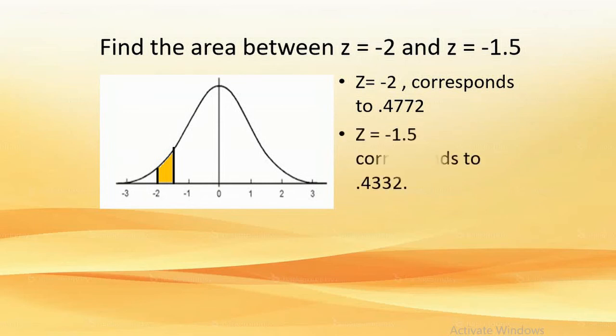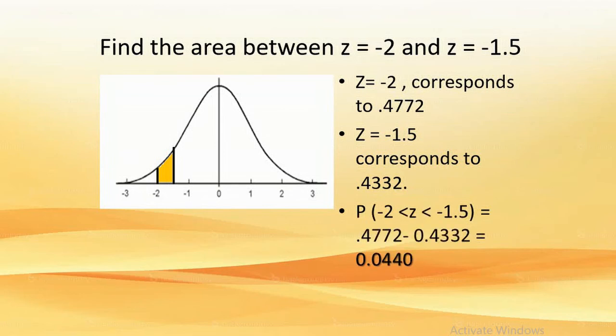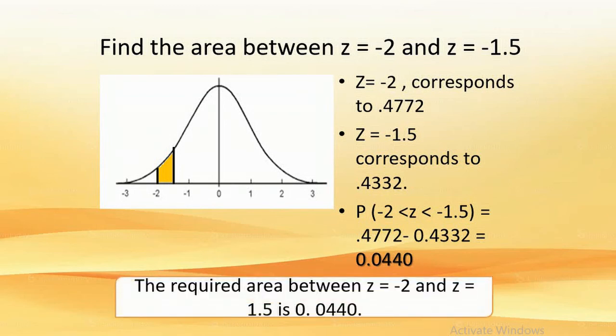Z = -1.5 corresponds to 0.4332. So P(-2 < Z < -1.5) is equal to 0.4772 minus 0.4332, which is equal to 0.0440. The required area between Z = -2 and Z = -1.5 is 0.0440.